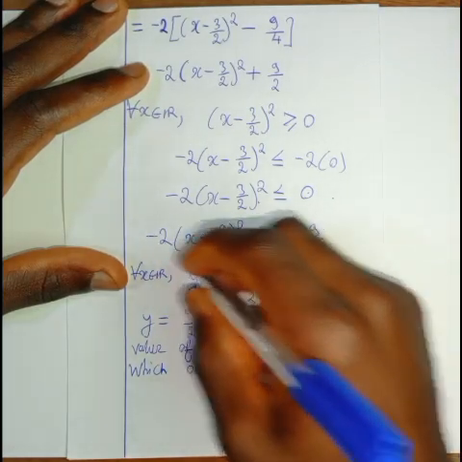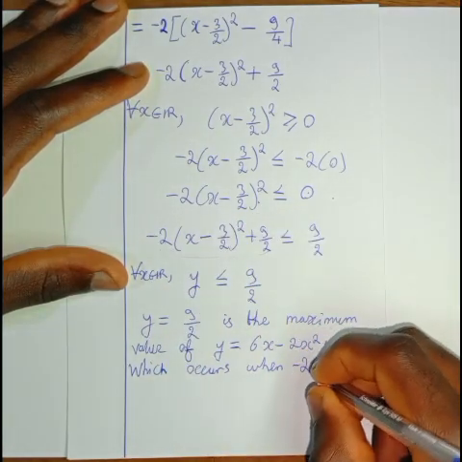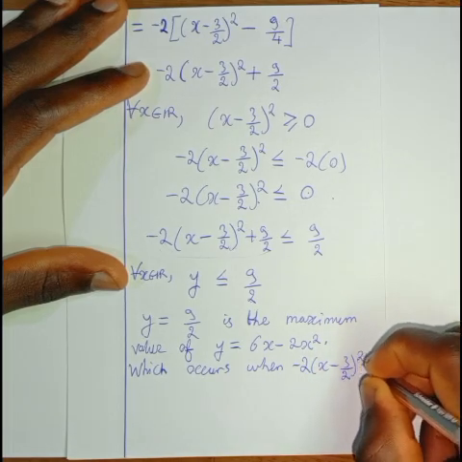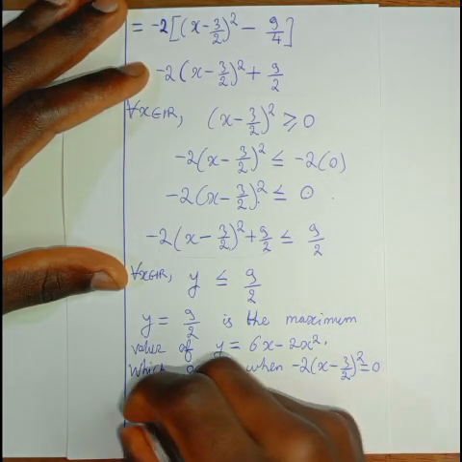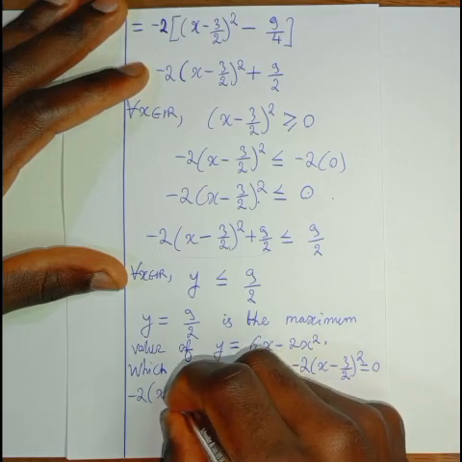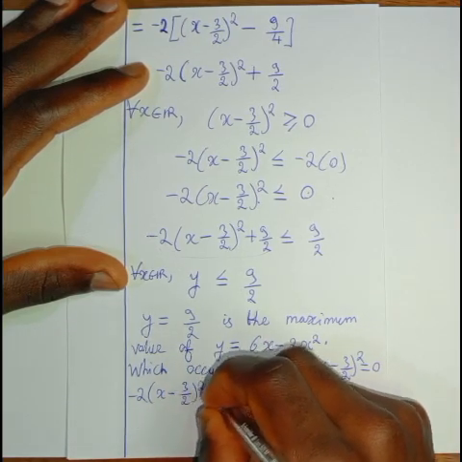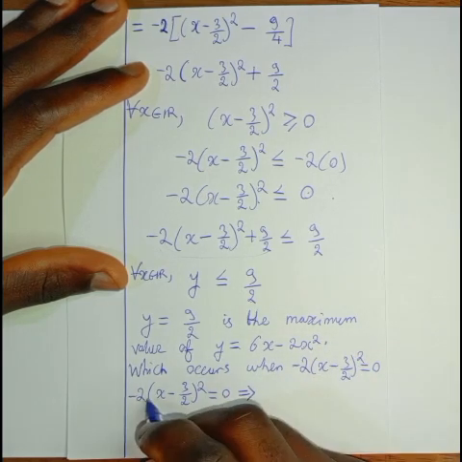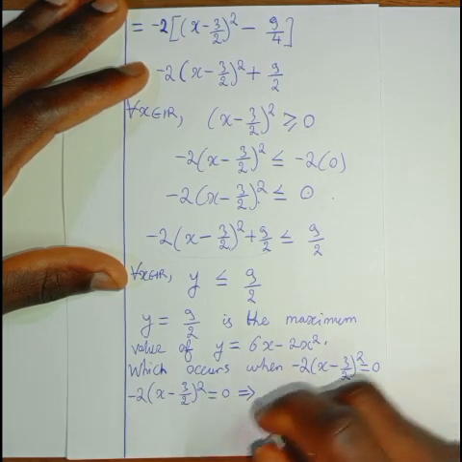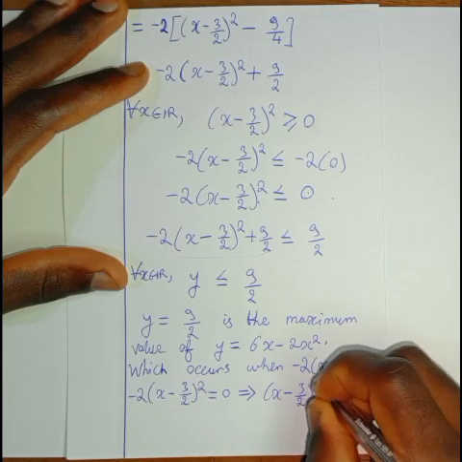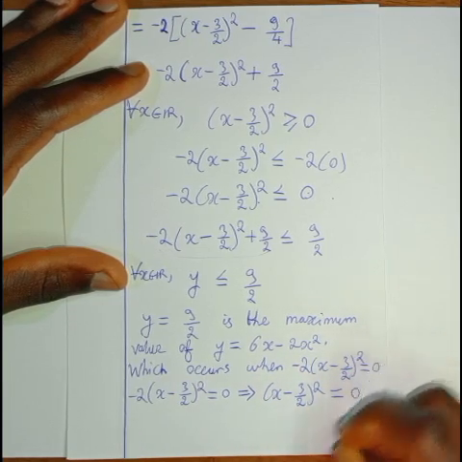this is equal to 0, when negative 2 times (x minus 3 over 2) squared is equal to 0. Then we divide both sides by negative 2, so (x minus 3 over 2) squared will be equal to 0.